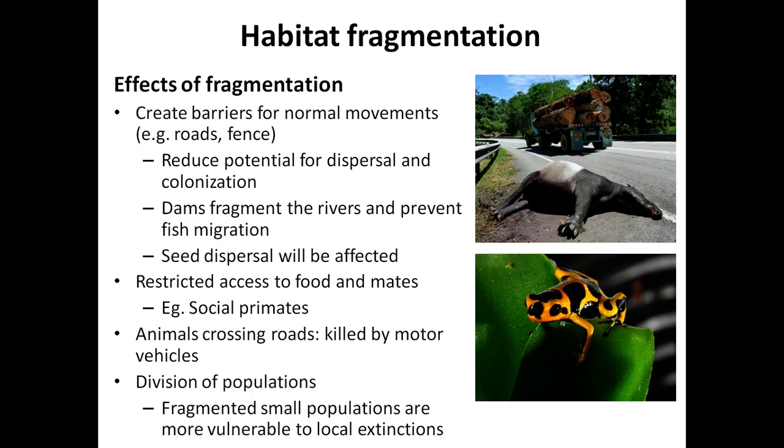That is a metapopulation. And once you put some barriers between these populations, it will impact the migration and it can destroy the metapopulation dynamics completely, especially with small organisms like these tree frogs.